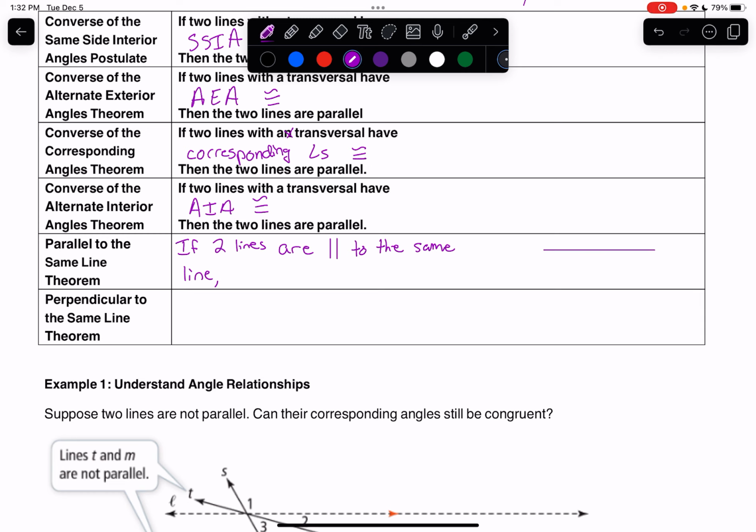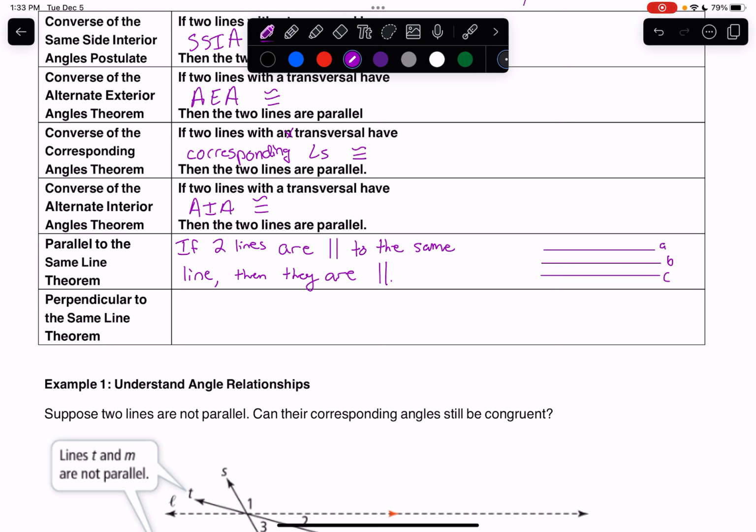Here's line A. Here is line B. So B is parallel to A. Here's line C. C is also parallel to A. If two lines are parallel to the same line, then like B and C, they must be parallel to one another. Pretty self-explanatory on that one, right? It's kind of like substitution. If I know that B is parallel to A, and I know that C is parallel to A, I know that B is also parallel to C.